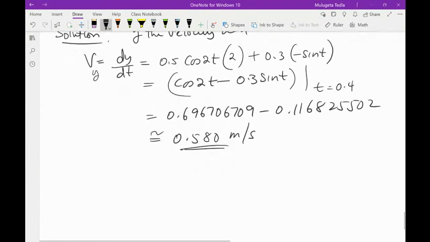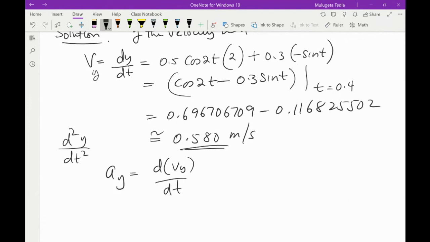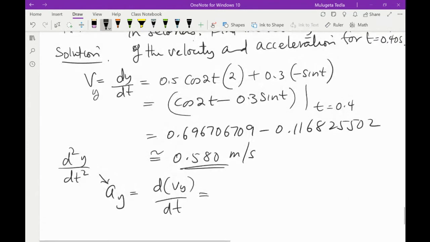All right. So they also wanted acceleration in the y component. So ay is the derivative of the velocity with respect to t, or the second derivative of y by dt squared is what acceleration is. So what is the velocity formula? This is the velocity formula.